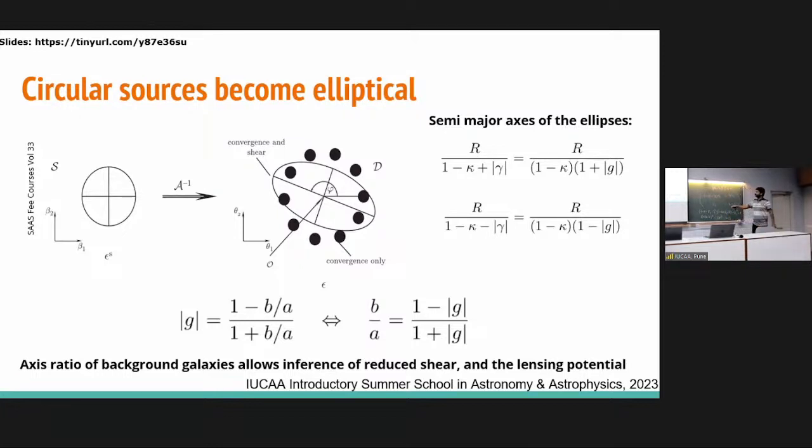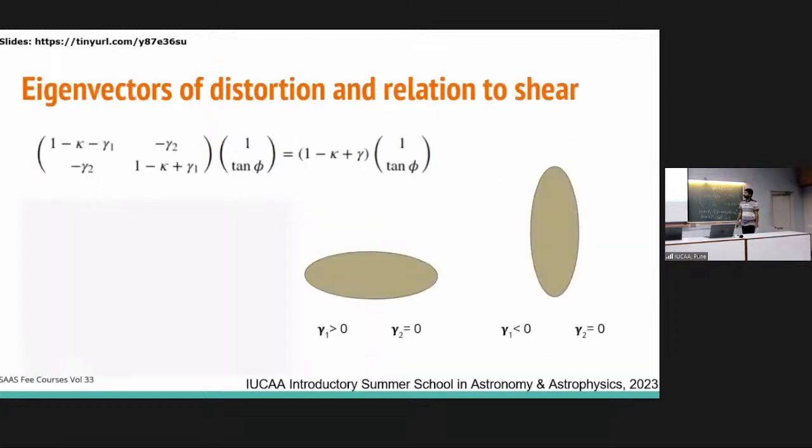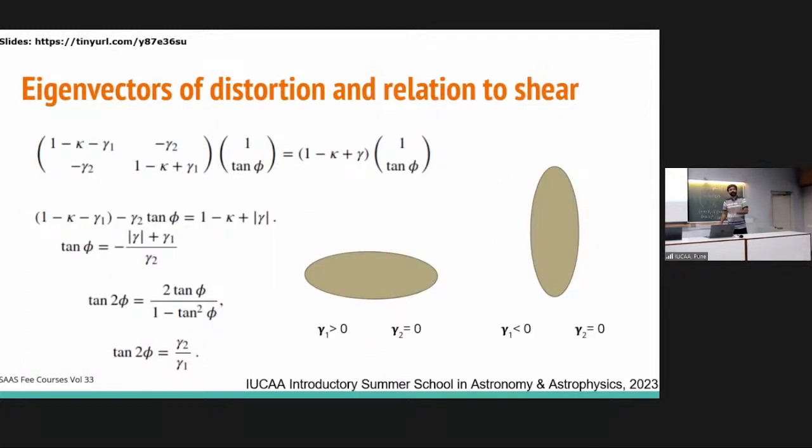Okay? So this is one way that you can use the shapes of galaxies directly. You don't even have to have multiple images. Even if you have a single image of a galaxy, if you knew it was circular, then you can do this. Of course, galaxies are not circular, so we'll come to what happens later.